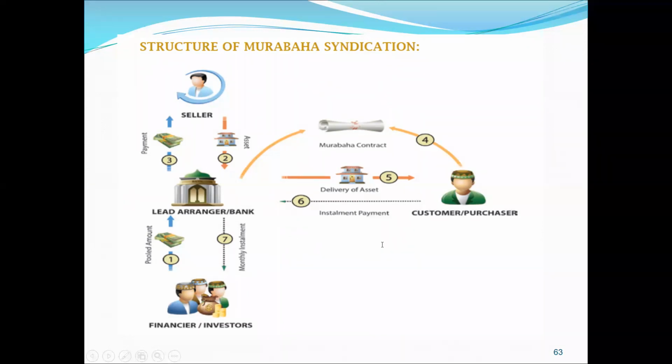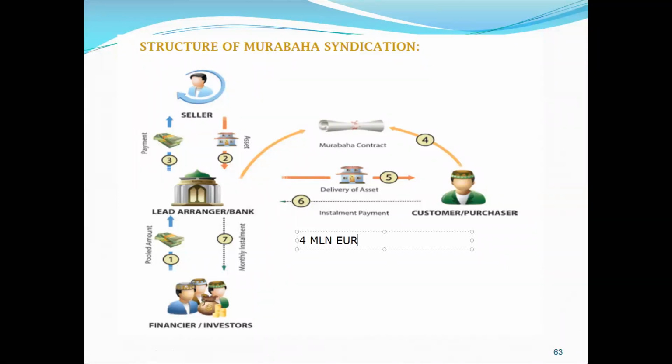Example, I can give you the same thing. A property we buy for, let's say, 4 million euro, that consists of 100 flats. We purchase these 100 flats from the seller. Then for 4 million euro, I'm selling these flats to a customer.